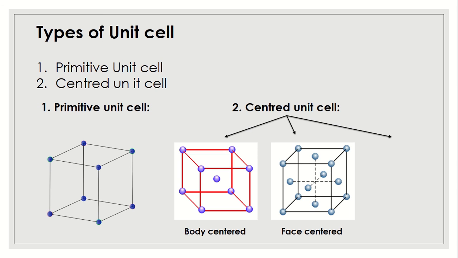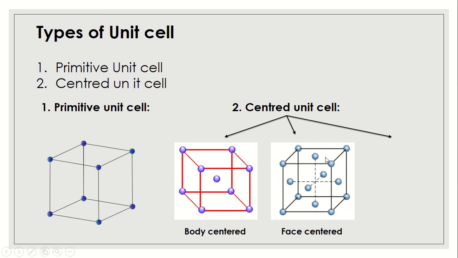In case of the face-centered unit cell, the constituent particles are present not only at the corners, similar to primitive, but also at the center of each face of the unit cell.